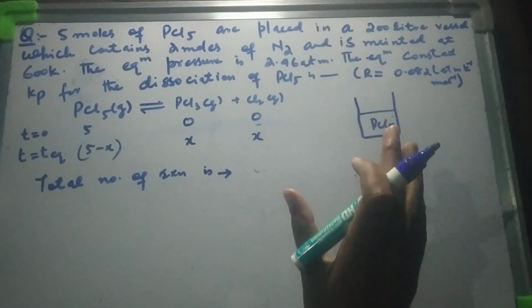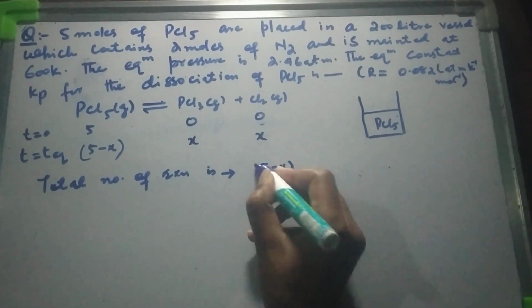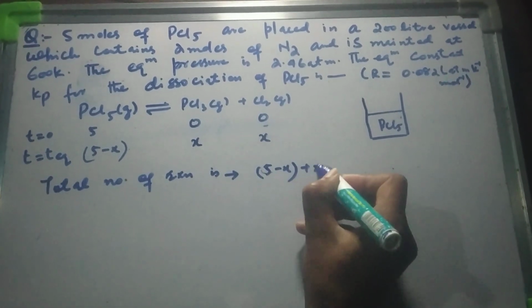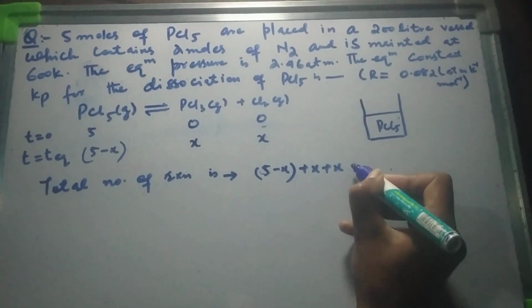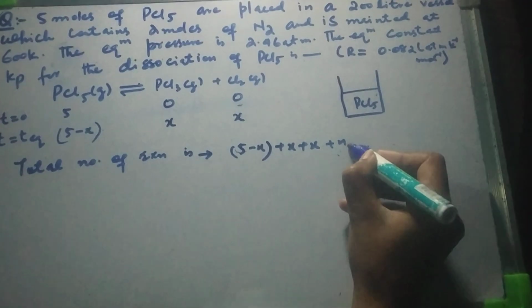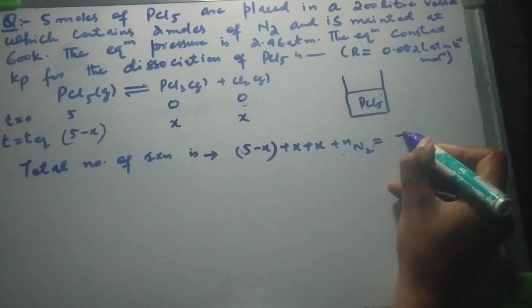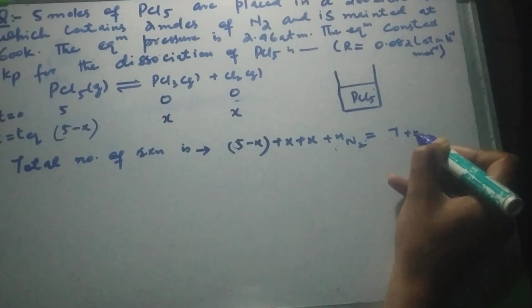We need to calculate the total moles: 5 minus X, plus X, plus X, plus 2 moles of N2, which equals 7 plus X.